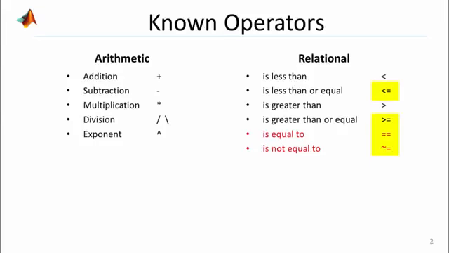When the operator is made up of two symbols, it has to be glued together. You cannot put a space in between. Brand new operators you might have never seen in the past: and, or, not. This is when we want to check if a number is greater than this and greater than that, or if we want to check if a value is not another.